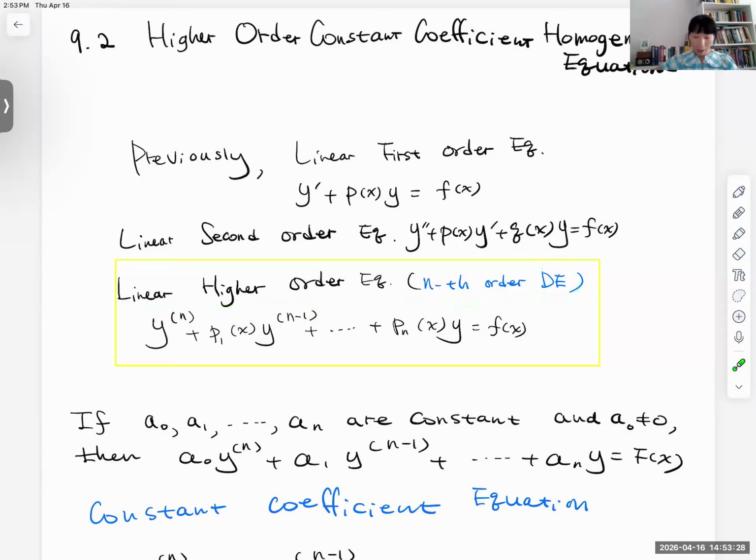So we have y to the n-th derivative, and then p_1(x) times y to the (n-1) derivative, and so on, then p_n(x) times y, and on the other side we have the function. Okay, then for a homogeneous equation, the other side must be 0, right?